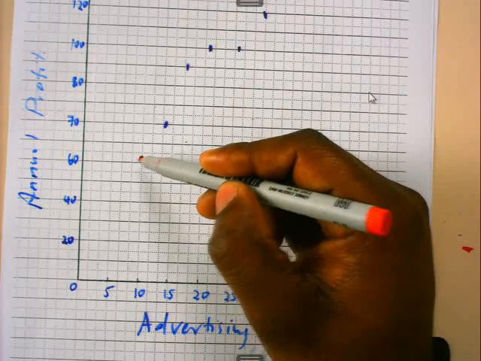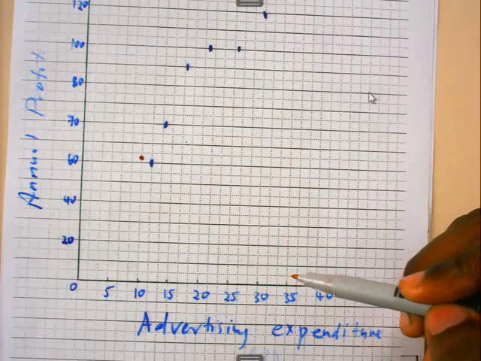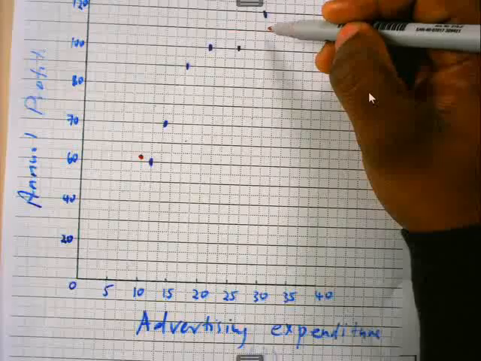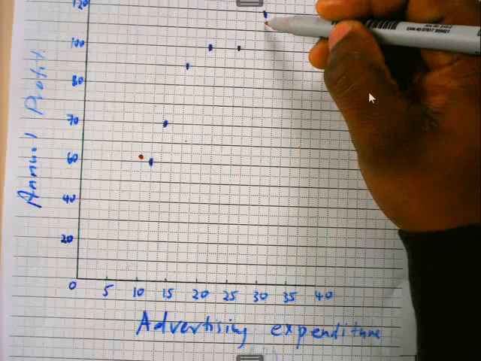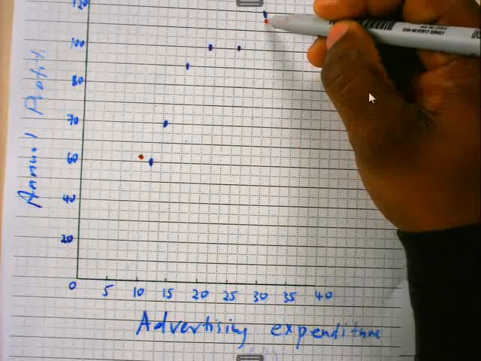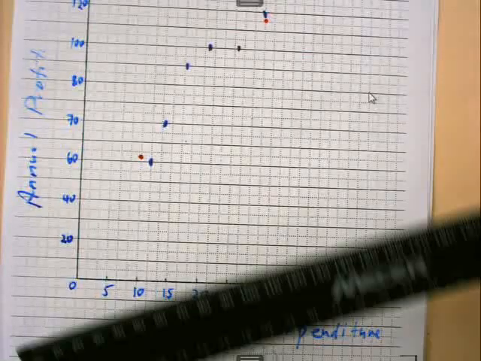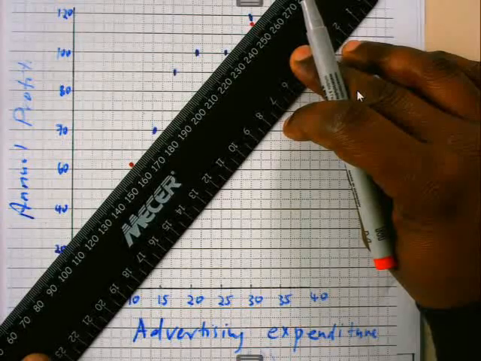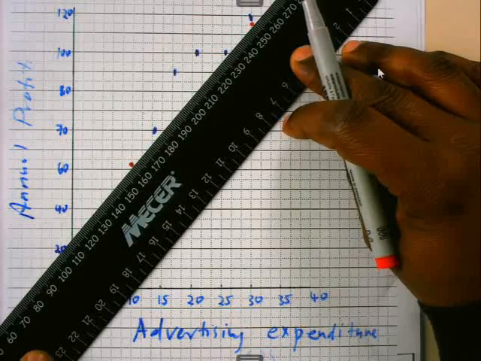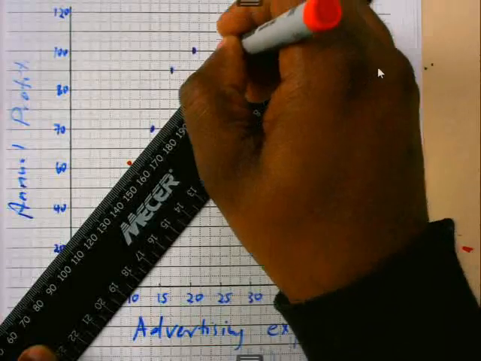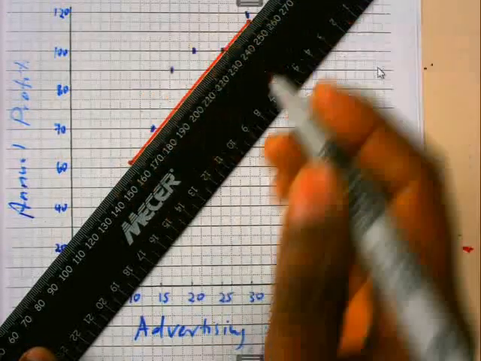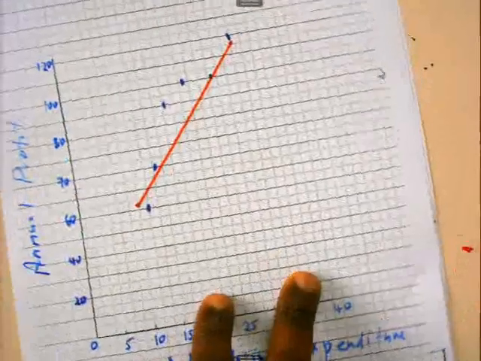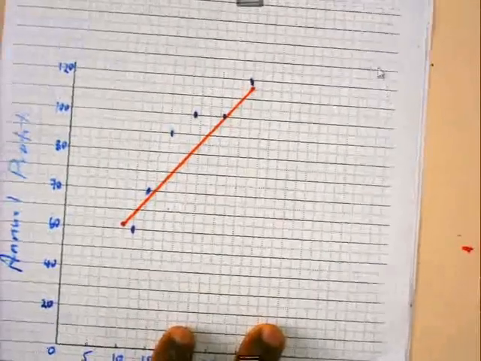And 30 gives 119, somewhere there, can you see it? Then you have your ruler, do you see your ruler there? Right, we draw the least squares regression line. There is our line.